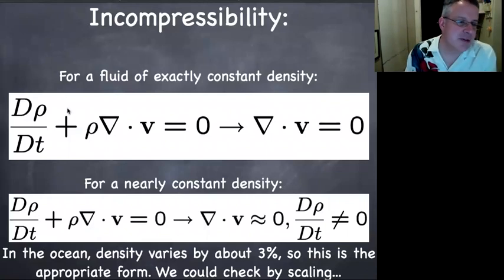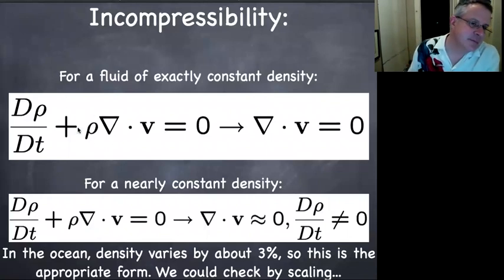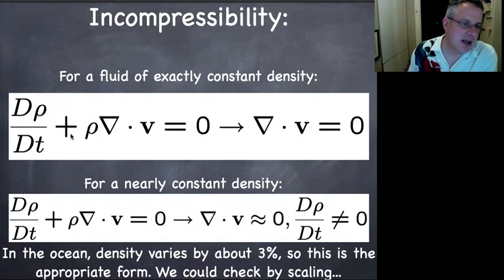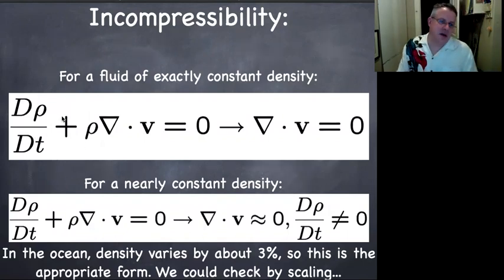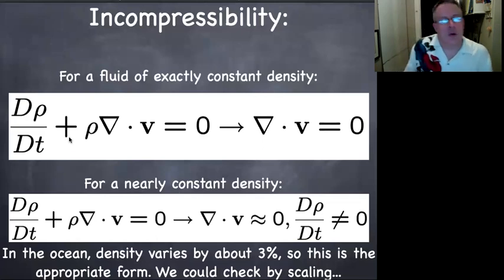This equation, however, is pretty complicated. If density is changing and velocity is changing, this is a nonlinear term, and in any case, this is a partial differential equation, really complicated. We might have a much simpler story if we just set the density to a constant.